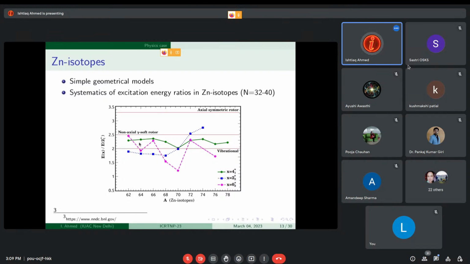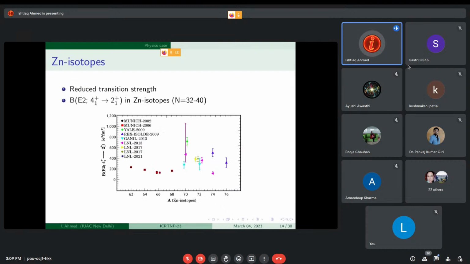From the standard geometrical model, for example the Bohr-Mottelson model, you will see that most of the nuclei, 64 to 70 zinc, or maybe 76, 78 zinc, are lying in this limit, that is the limit of vibrational and the non-axial gamma-soft limit. But if you see the ratio of the 0 2 plus state, now remember that we were discussing the 0 2 plus earlier also, this is going a little odd again here. So this is different again, and we needed to examine it a little more carefully.